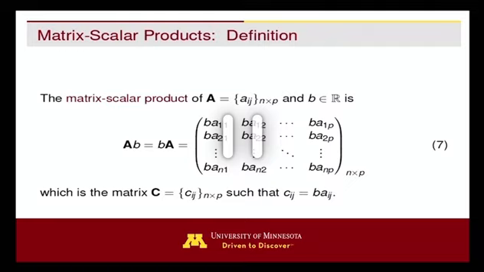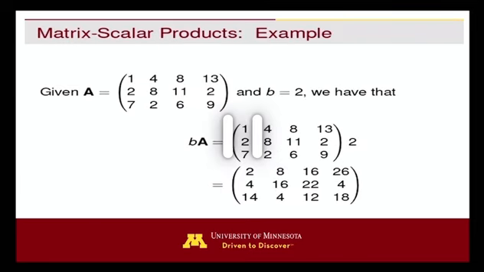This is an example. I have a matrix A, and B is a constant equal to 2. I can use 2 to multiply every element inside, and when I do that, I end up getting this. It's going to be an easy computation.